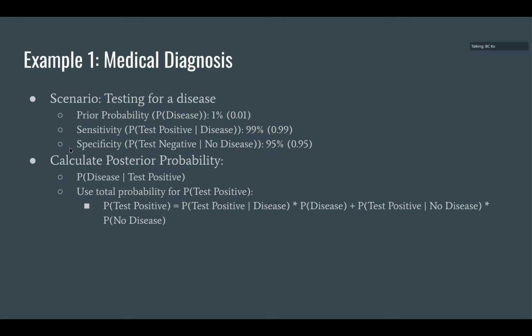And then we want to calculate the posterior probability, meaning the probability that a person has the disease given that they tested positive, which is probability of disease given test positive.